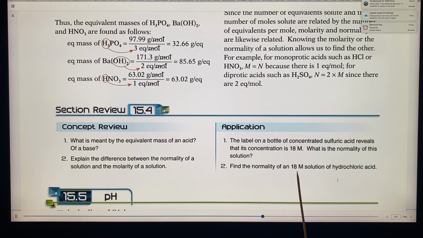Find the normality of a solution that's an 18 molar solution of hydrochloric acid. So hydrochloric acid, because it's just 1 to 1, it's just going to be 18. So 18 molar is 18 normal, right? And this is going to be 36 normal for 18 molar because it has 2 H's in it, the difference between those two.